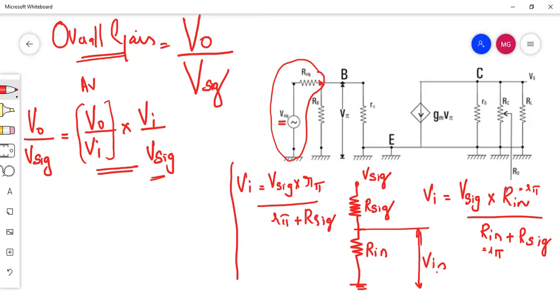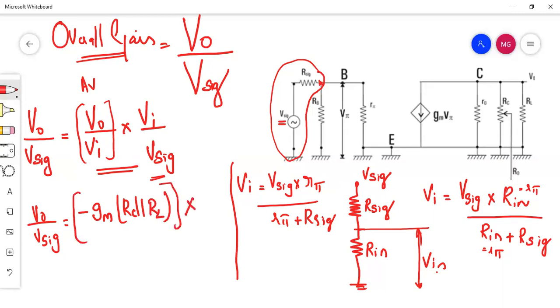So the overall gain, Vo by V signal, equals AV, which we already reduced, minus gm into RC parallel RL, into Vi by V signal, that is R pi divided by R pi plus R signal.